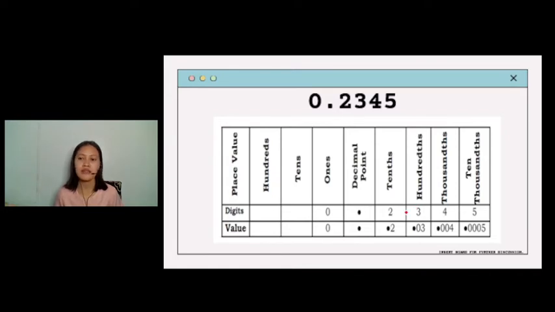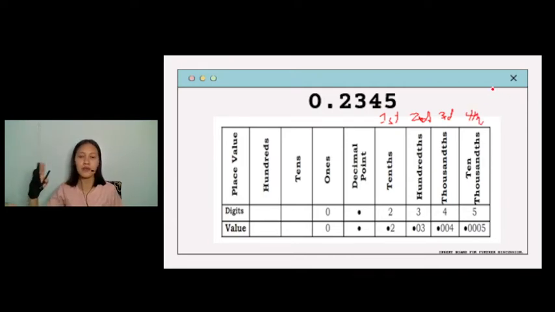So, para ma-distinguish natin kung wala man tayong place value chart, kung given lang po yung meron tayo, tatandaan natin, tenths place is located at the first digit after the decimal point. Hundredths, second digit after the decimal point, thousandths, third digit, and ten-thousandths, fourth digit after the decimal point.